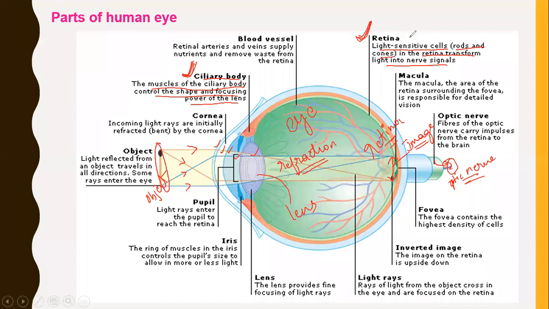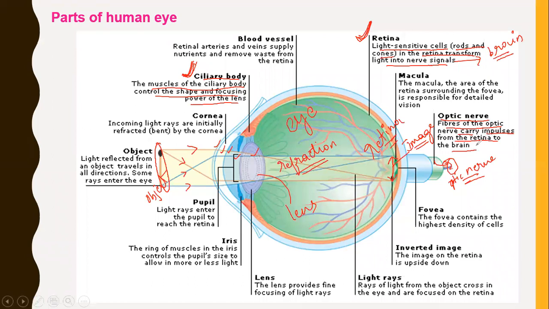So the retina has rods and cones which collect the light, and that is converted to electrical signals, and those signals are sent to the brain through this optic nerve. The optic nerve, which is embedded with fibers, carries light signals from the retina to the brain.